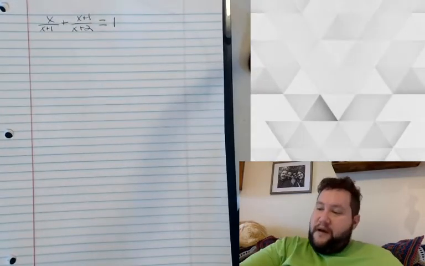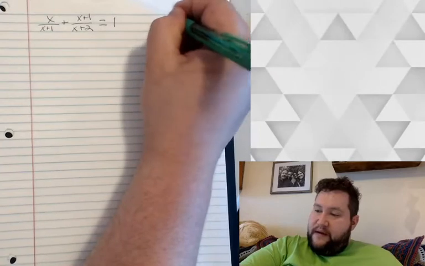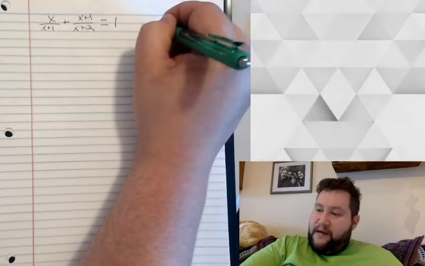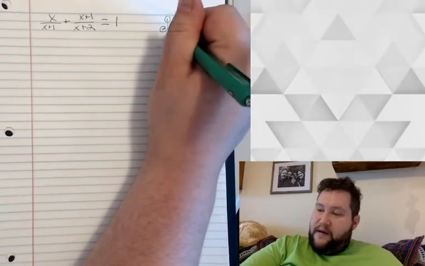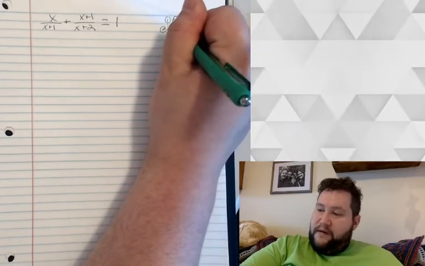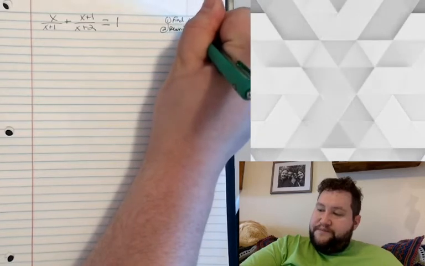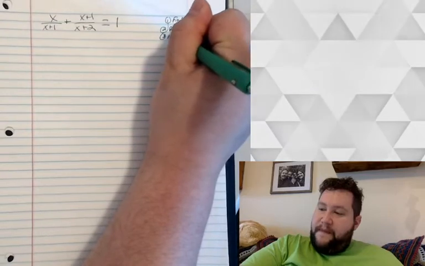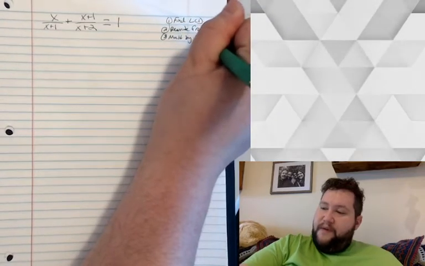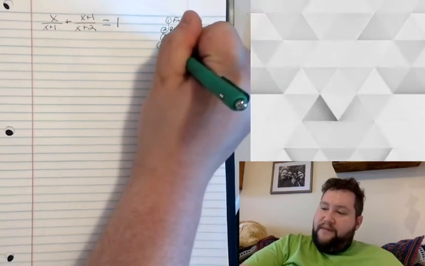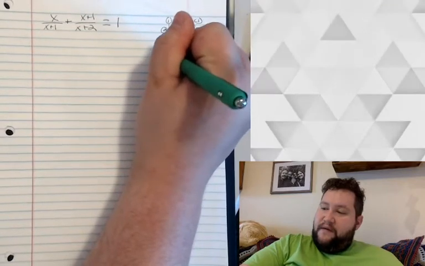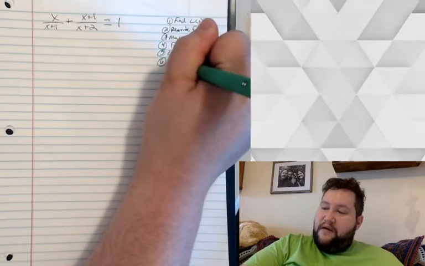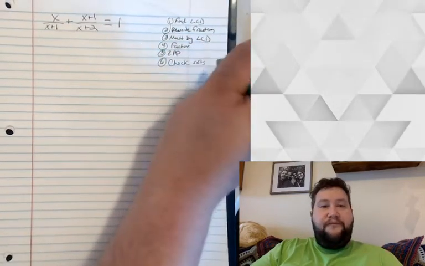So just to write our steps real quick: we find our LCD, we rewrite fractions, we multiply by the LCD, we factor, then use our zero product principle, and then we check our solutions.